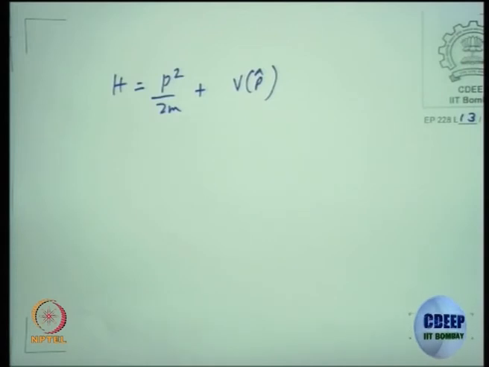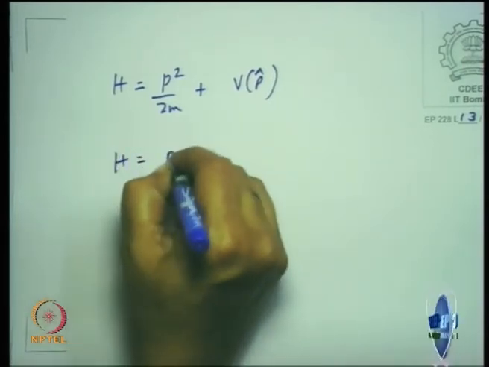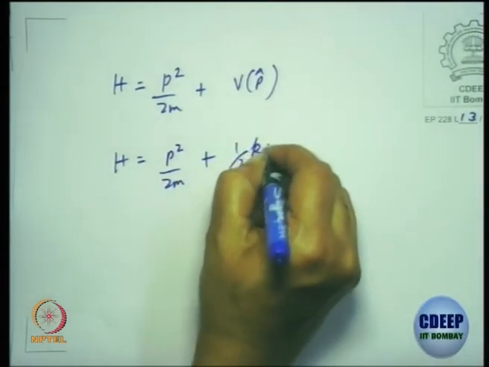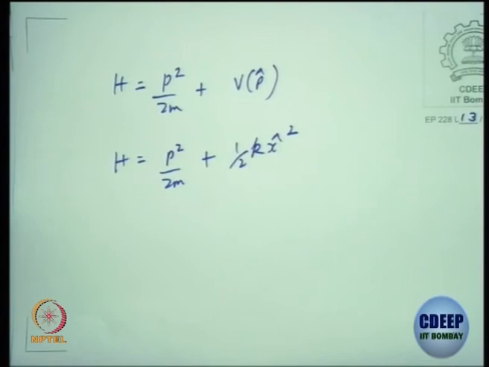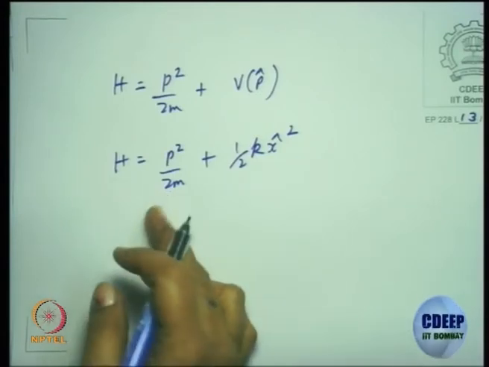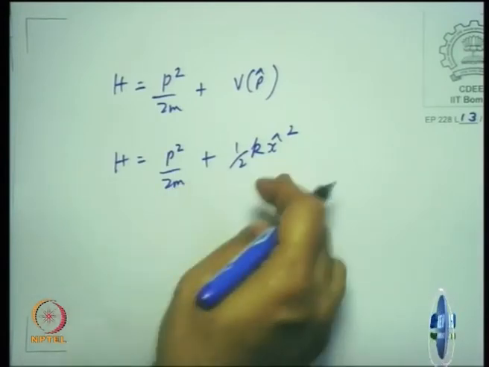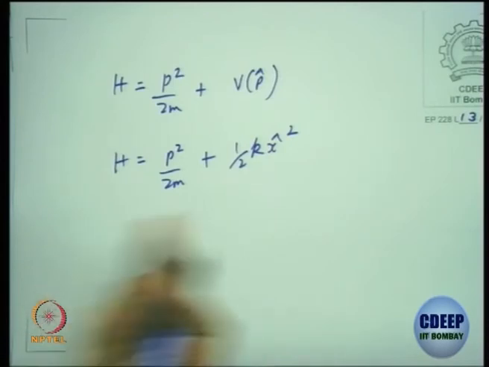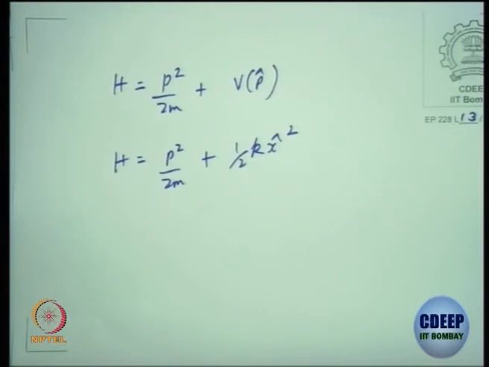Equivalently, if you take the harmonic oscillator, you have p squared over 2m plus half kx squared. In the earlier case, we tried to write the position space representation for the momentum. But here, p and x are both quadratic. I could either work with the position space wave function or with the momentum space wave function. So what will be your expectation?